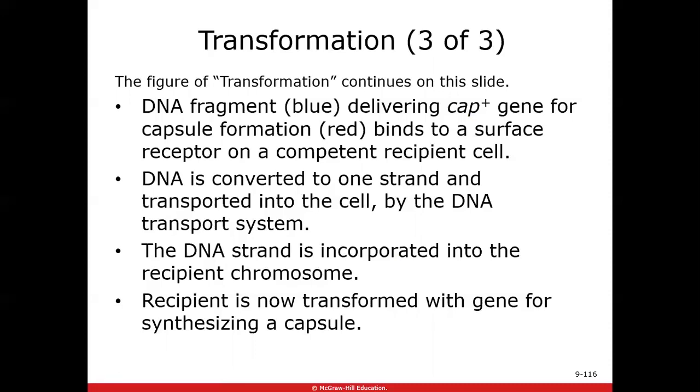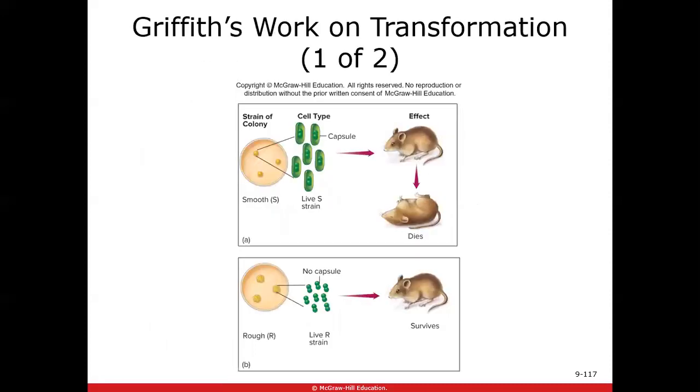It's just kind of describing that. So what's interesting with that is you can have a situation where you have a strain of colony that is a live strain, and the effect is that it will kill its host.